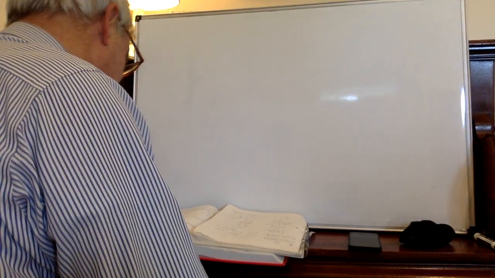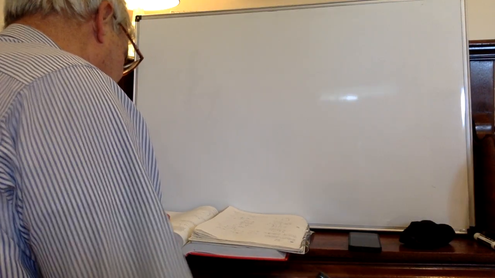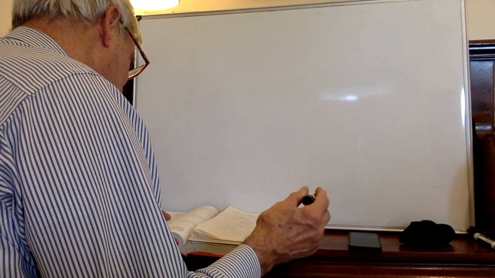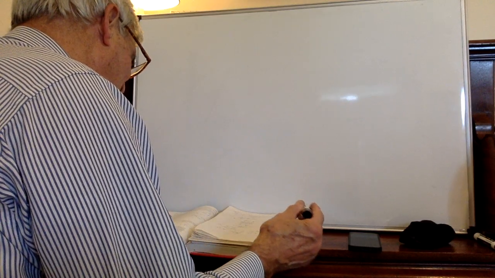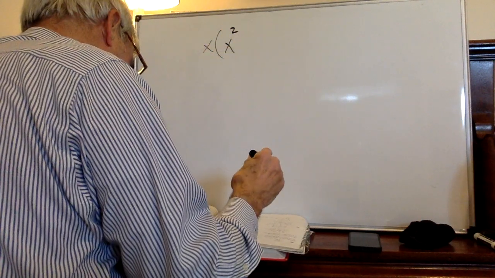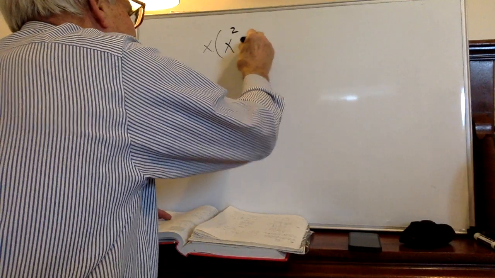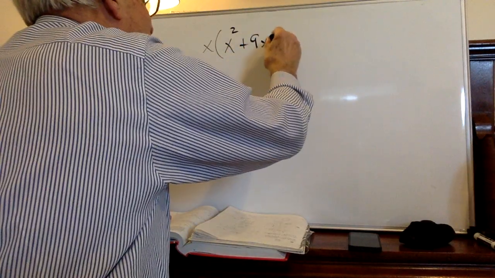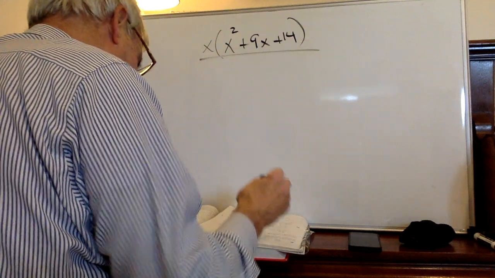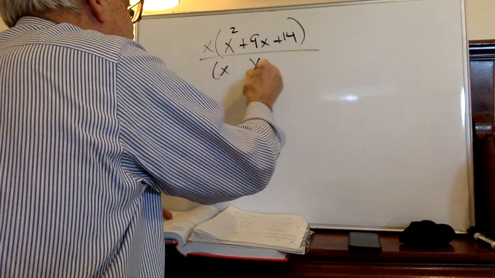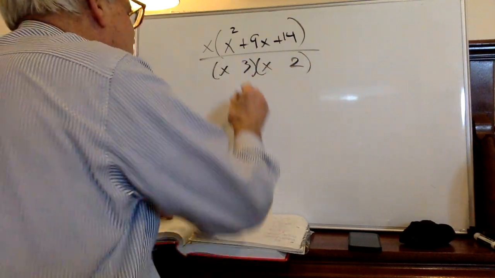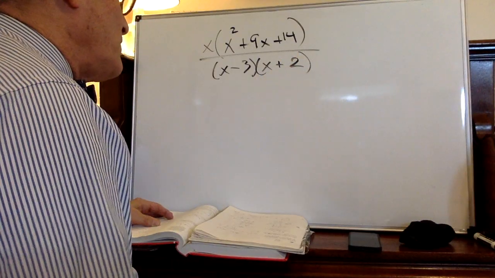All right, right off the bat for number 17, I'm going to take that numerator and take out the common factor x, and I'm going to put the highest degree term first. So it's going to be x squared plus 9x plus 14 over. And I'm going to factor the denominator right away. X and x, 3 and 2. I want the negative x, so it's minus 3, positive 2.